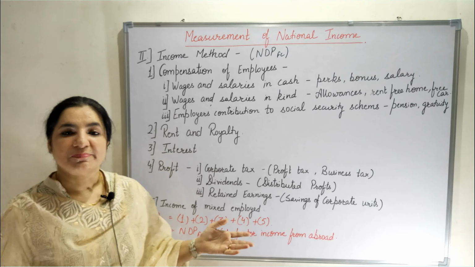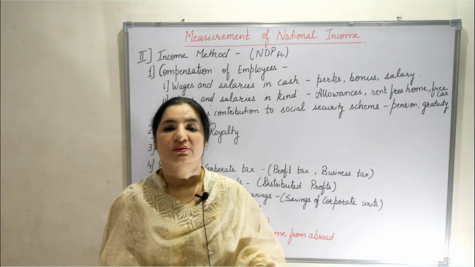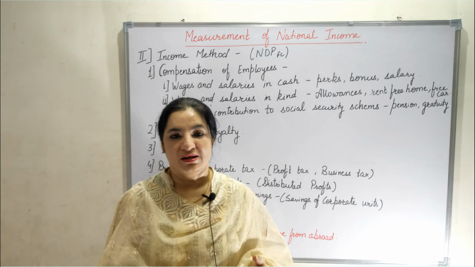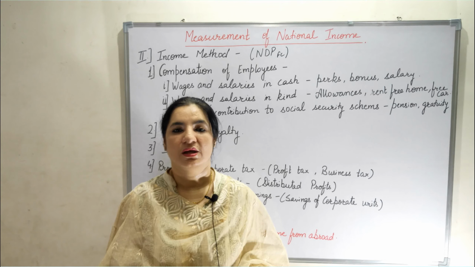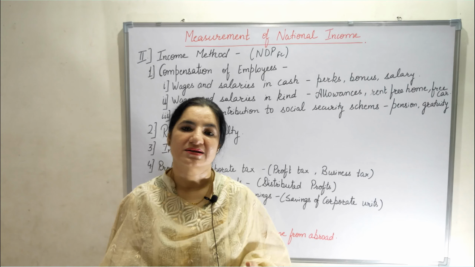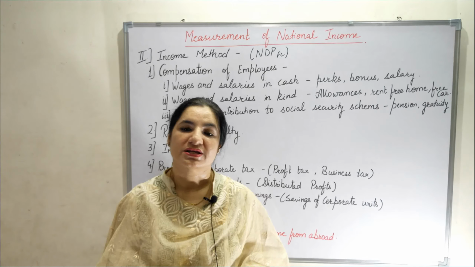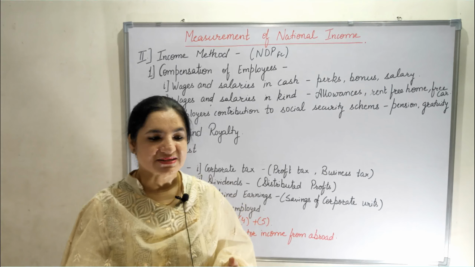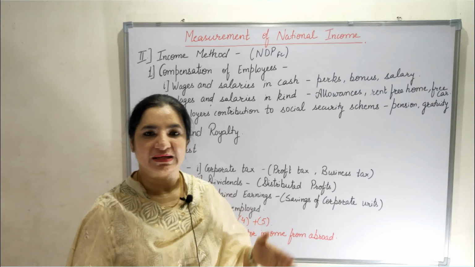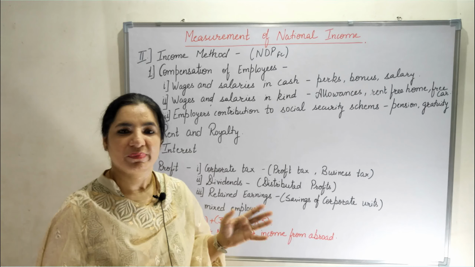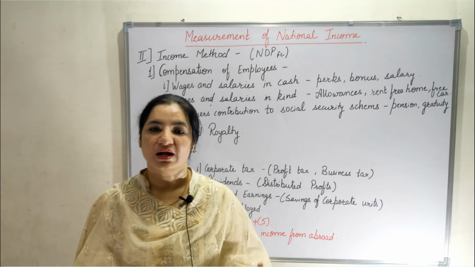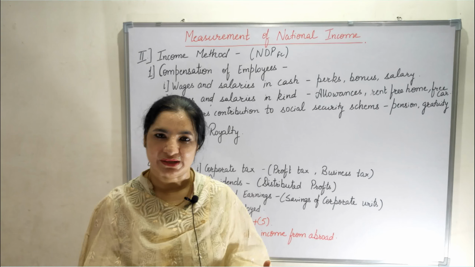The best examples are a doctor opening a clinic in his own house, or a farmer working as a labor on his own land. In this case it is not possible to segregate the income under various heads, because a concrete, combined income will be generated.